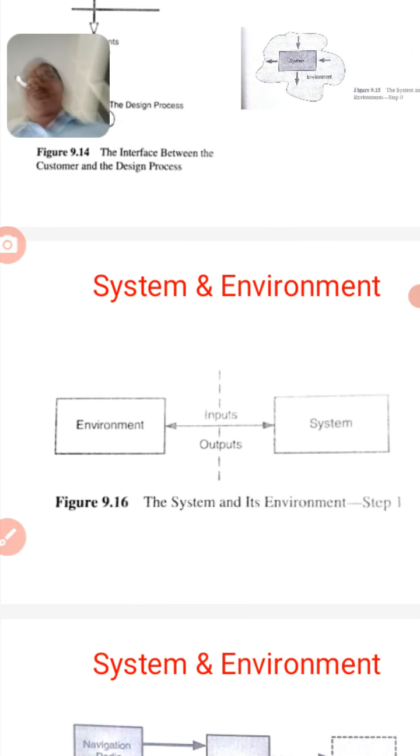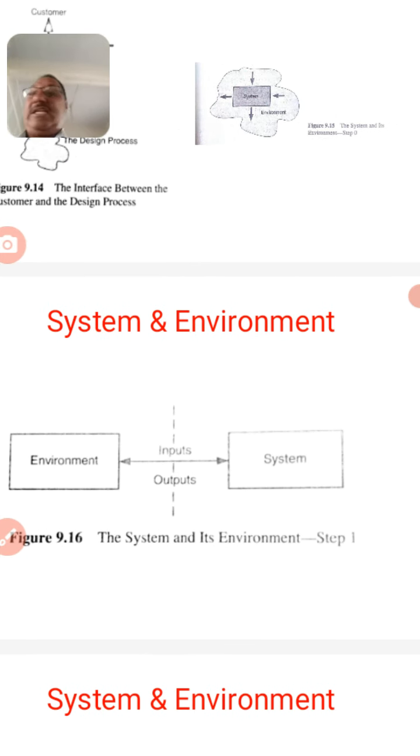Another, broader definition of environment is whether there is another product which will affect our product in the market. That is also one parameter. What are the specifications of other products in the market? That is one type of environment we can say.